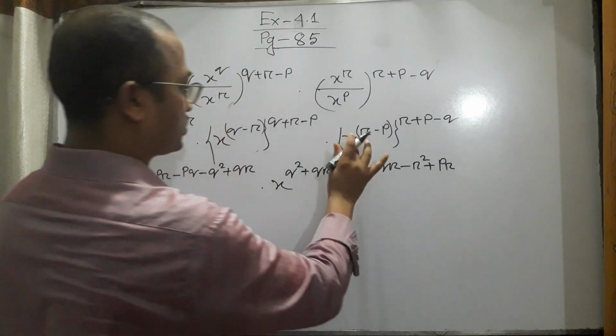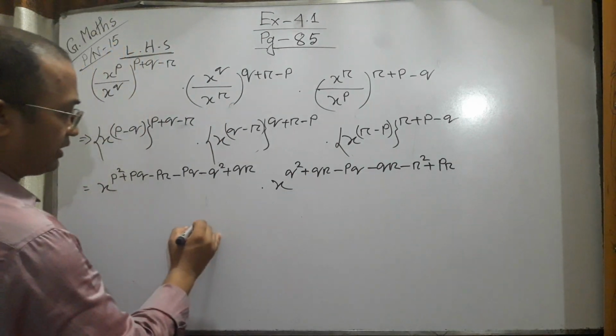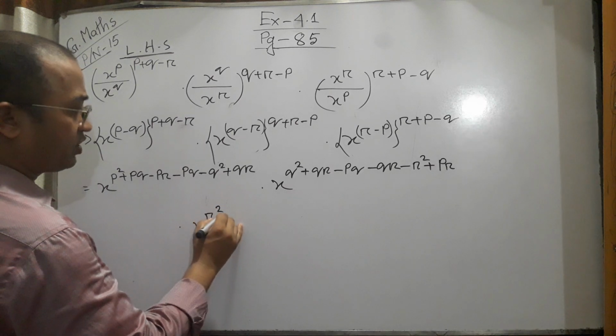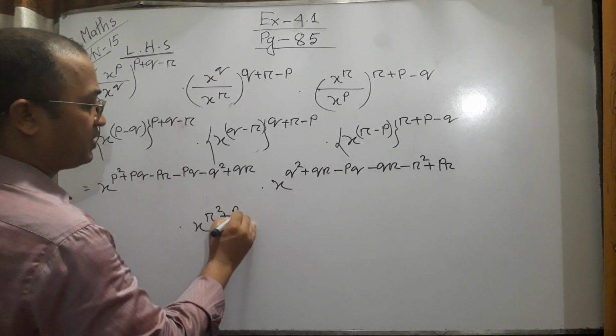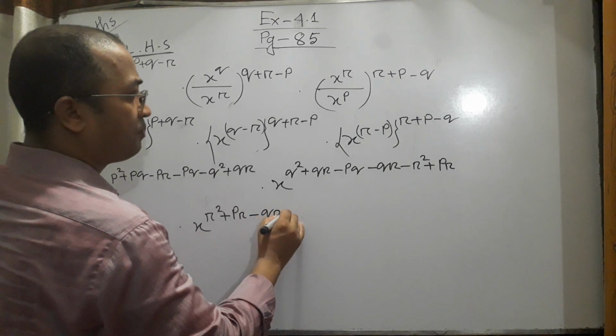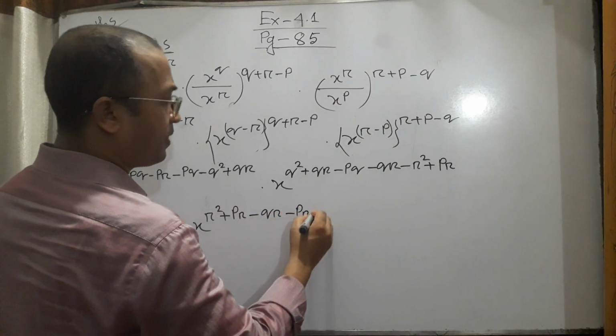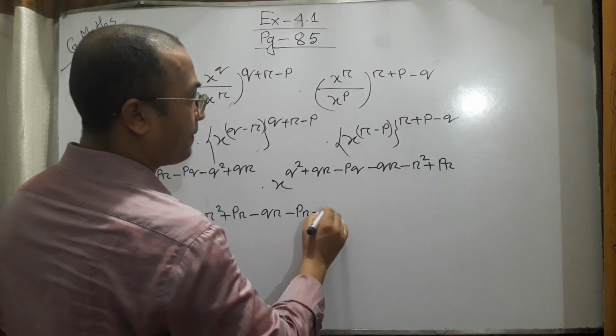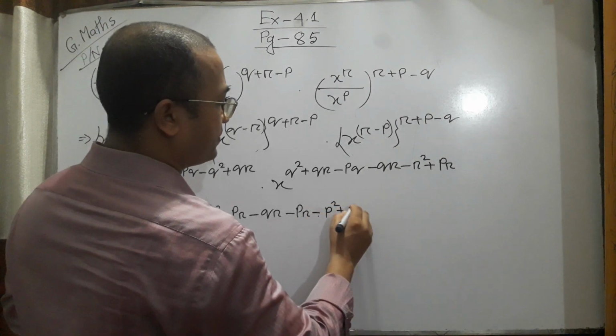And this portion I will write over there: r square plus pr minus qr minus pr plus minus p square plus pq.